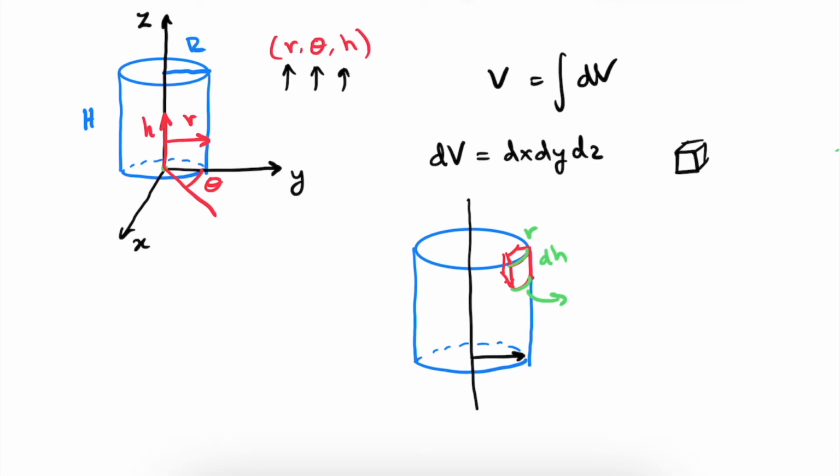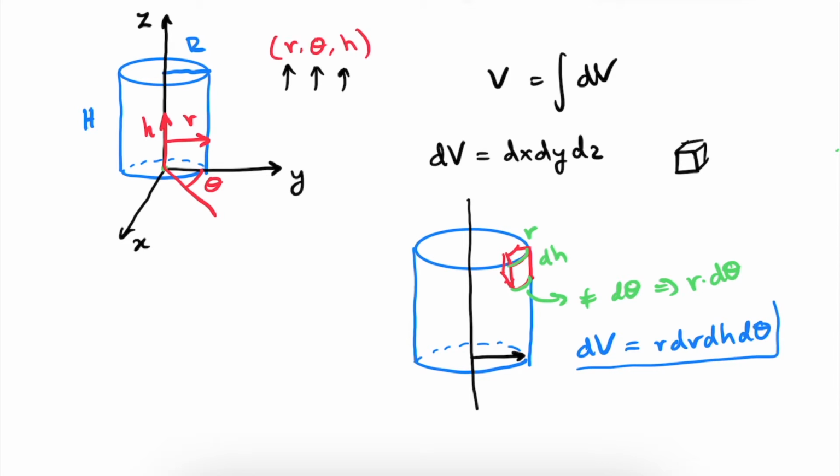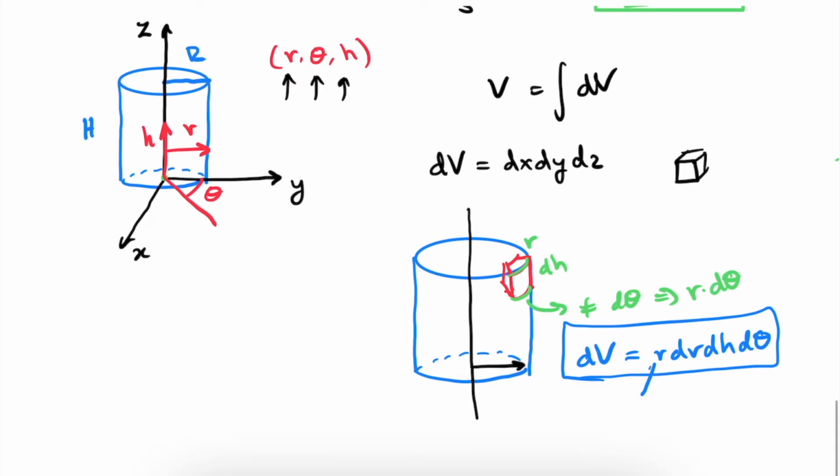So this will not simply be d theta, however, it will be r times d theta, because this r takes into account that this distance will become larger and larger the further away you are from the middle of this cylinder. This means that dV in this case becomes r multiplied by dr, dh, d theta, which is notably different from simply dx, dy, or dz. It's this extra r here that makes all the difference.